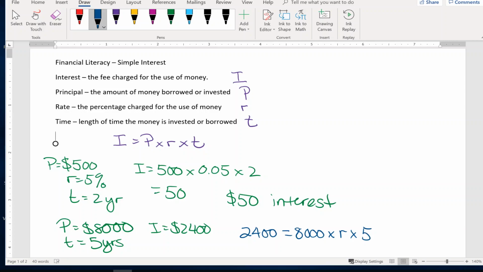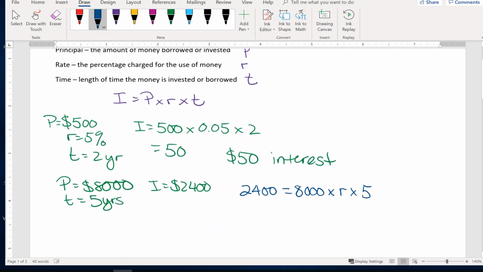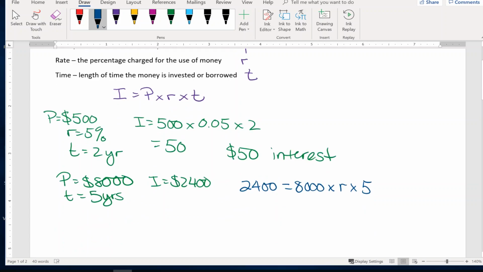So now let's calculate what that rate would be. So we're going to start by isolating our rate on one side. So we're going to take $8,000 and multiply it by 5 years to give us $40,000.